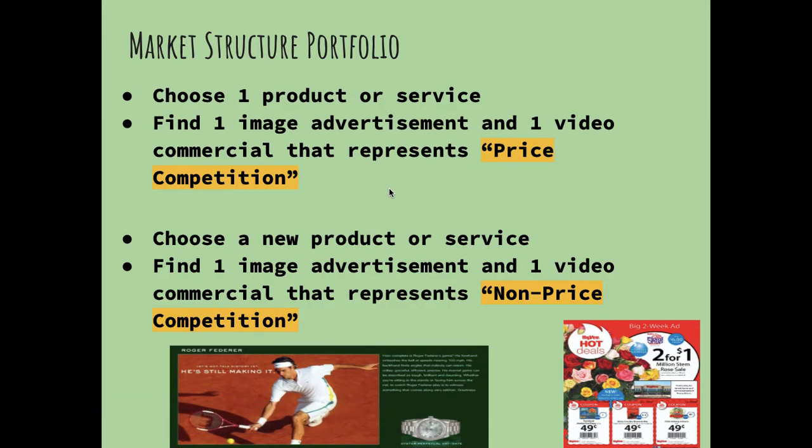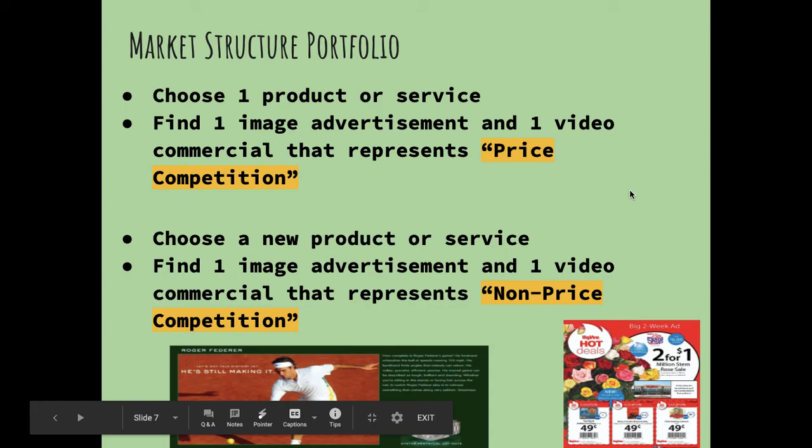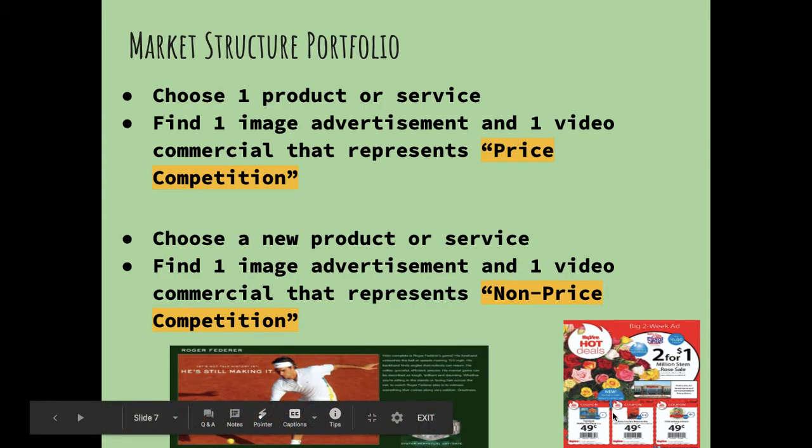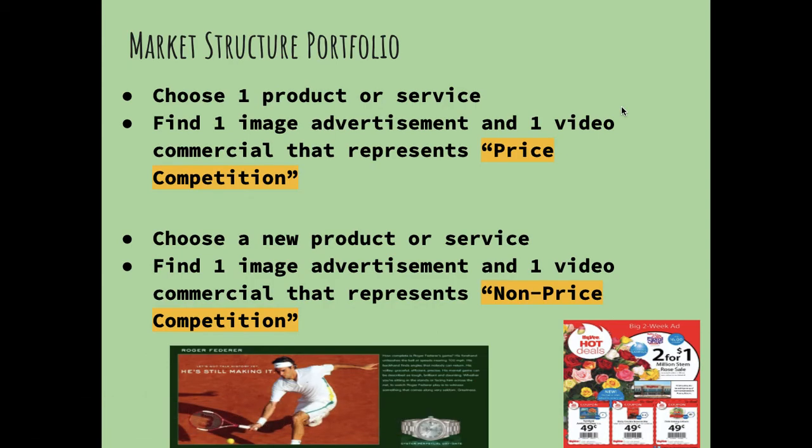It should be a legitimate advertisement showing the qualities or features of the product or showing the price of the product. These would be a couple print ad examples. Hy-Vee shows different products and, of course, what the deals are. This is a Rolex ad that gets into the quality and the experience of having a Rolex watch. So you have to find one print ad image of a price competition example and one print ad of a non-price competition.